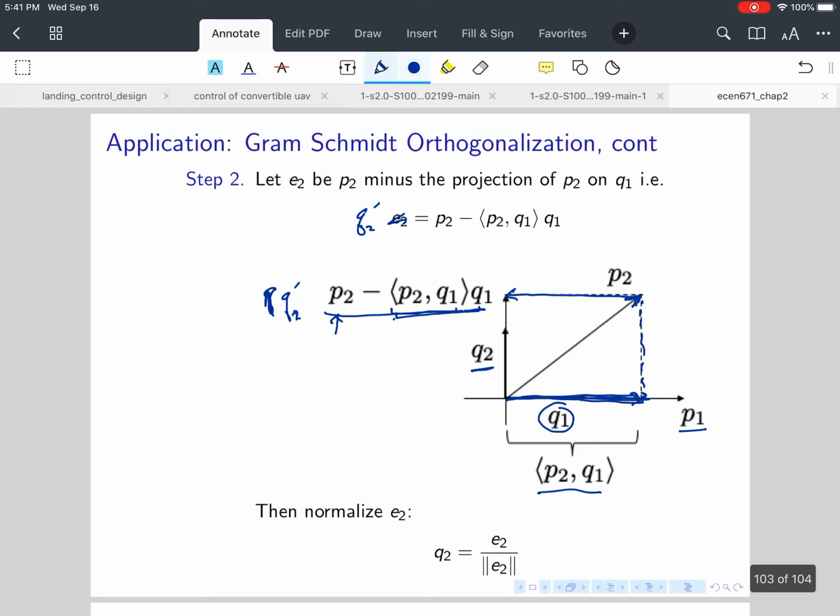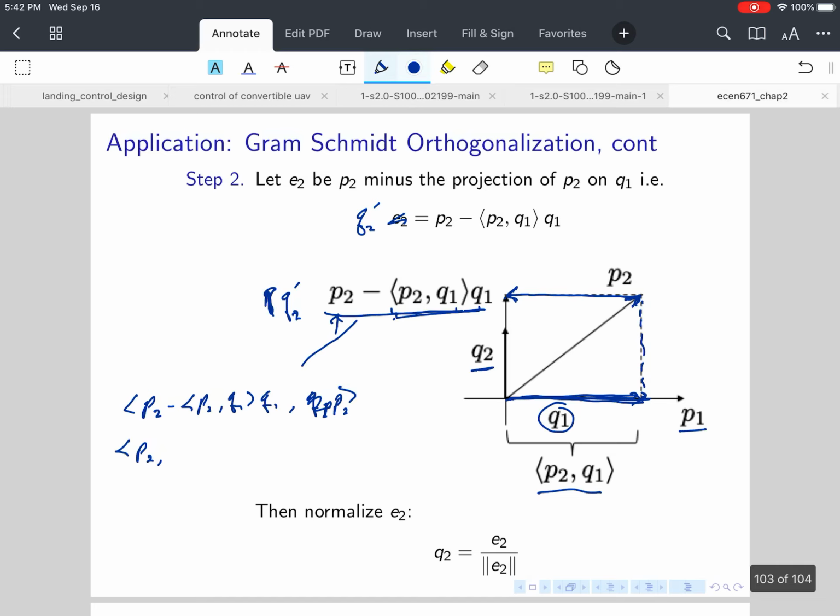It's going to give something that is in fact orthogonal to Q1. One way you can see that is if you take P2 minus the inner product of P2 with Q1 times Q1, and take the inner product of that with Q1. I apologize, let me rewrite that.